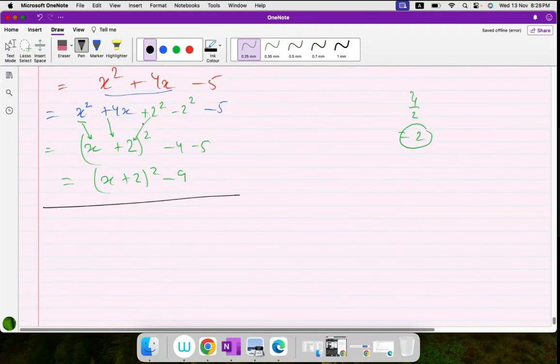Every step stays the same, only the numbers are changing. x squared minus 6x minus 7.